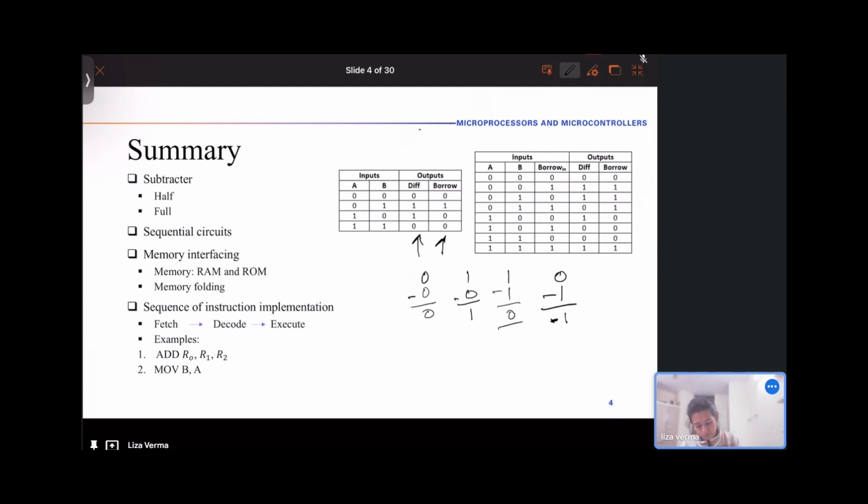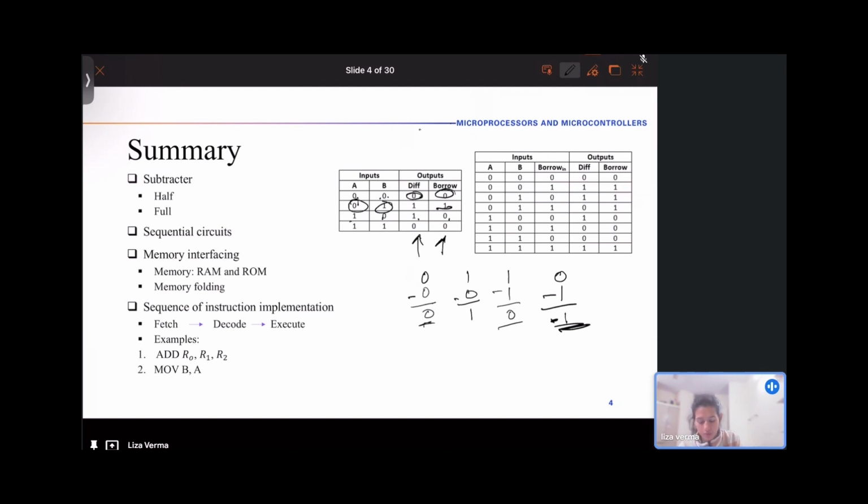So if inputs are A and B, by convention you take A minus B. 0 minus 0 gives difference of 0 and borrow of 0. 0 minus 1 gives difference of 1 and borrow of 1. Then 1 minus 0 is difference of 1 and borrow of 0. 1 minus 1 is 0, 0. Easy. Next we have the full subtractor.